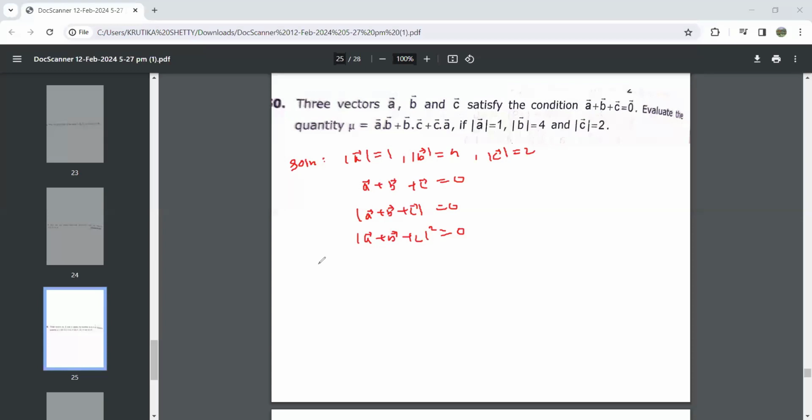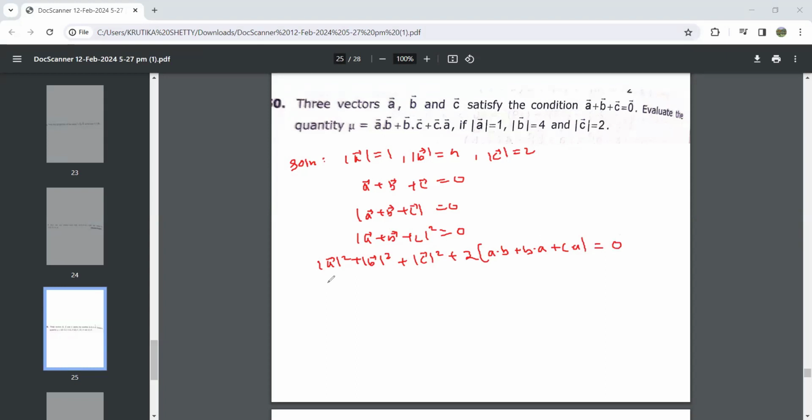On simplifying it further, we get mod A square plus mod B square plus mod C square plus 2 times A dot B plus B dot C plus C dot A is equal to 0.